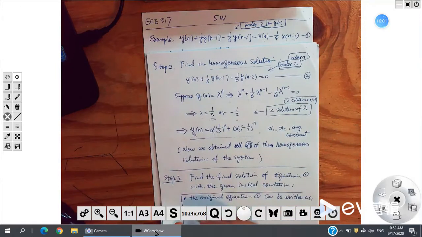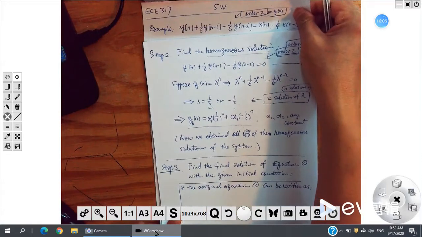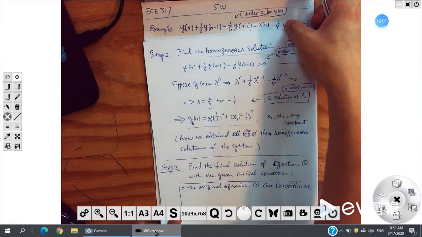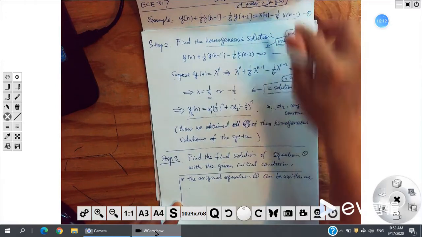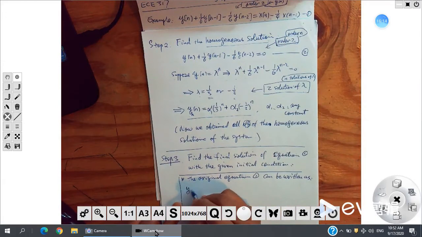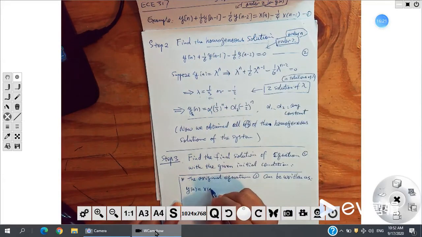Then I have y of n equal to, this side we already have x term, right? x of n minus 1/4 x of n minus 1.